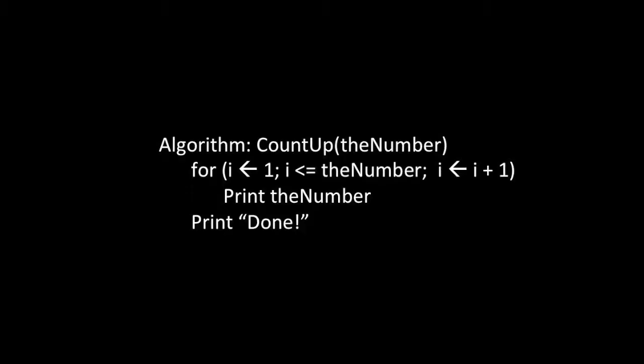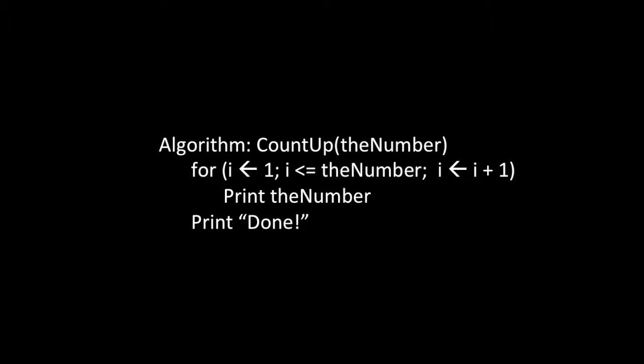In the countdown algorithm, I counted down the numbers from the number down to 1, decrementing the loop variable i each time we executed the loop body. It's also possible to count up from 1 to the number, in which case we'll increment the loop variable i each time we execute the loop. So here's my algorithm count up.